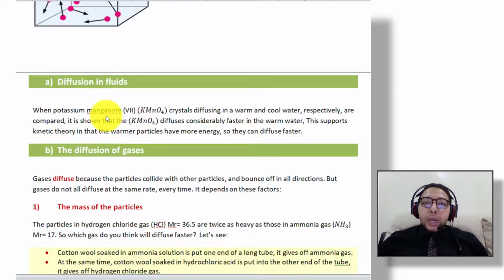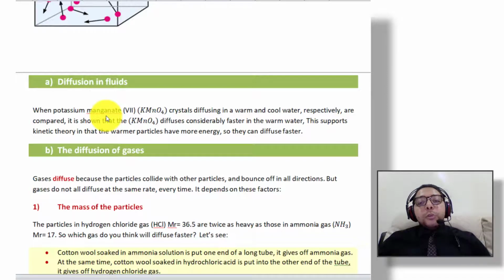If you think about what's behind that, you'll realize that in warm water, the particles have higher energy. As the particles have higher energy, they tend to move faster and collide harder, and this causes higher diffusion.